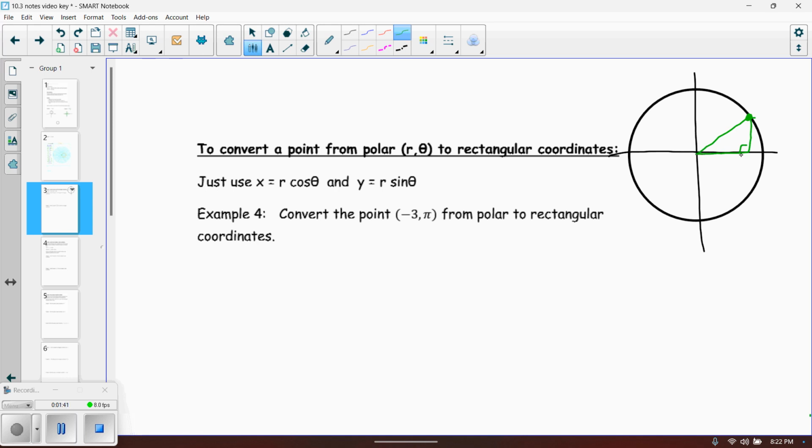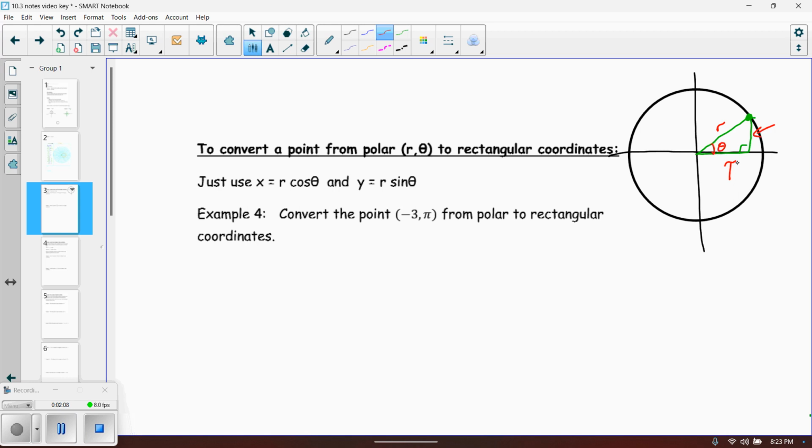But the other way to do it is to use the radius, which is the distance from the origin out to the point, and the angle in between. And the reason that we have x equals r cosine theta and y equals r sine theta basically comes from old geometry. If you take the angle to be the angle that I labeled, the opposite side is this side over here. The adjacent side is the one down here.